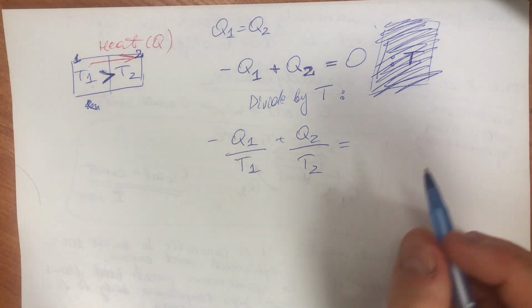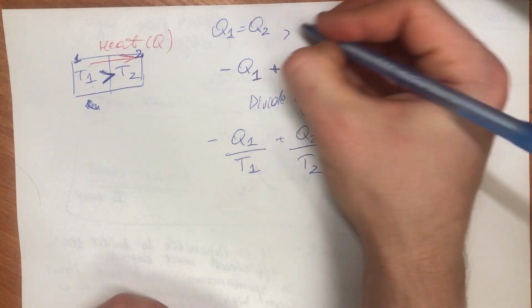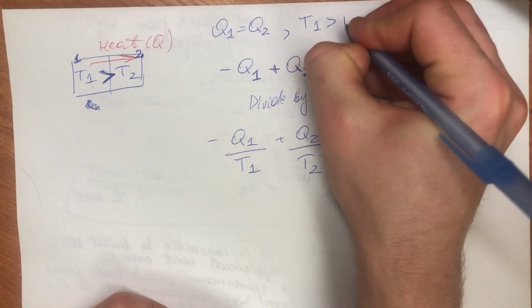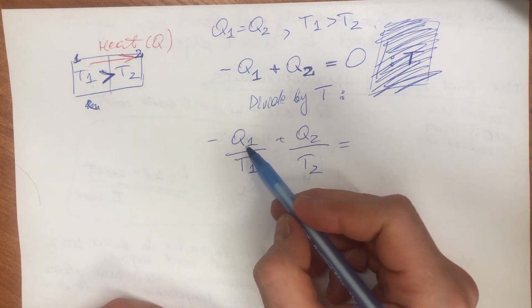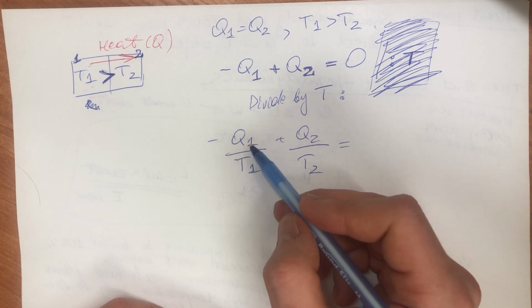And what happens? Because T1 is higher than T2, this quantity will be less.